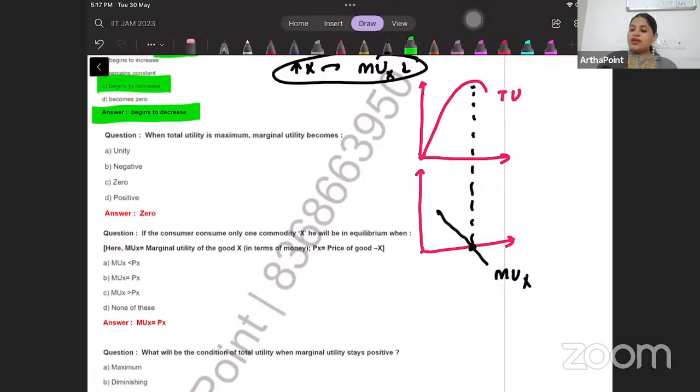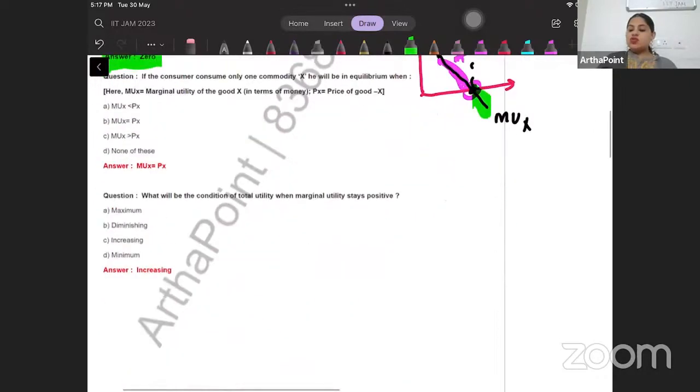When total utility decreases, beta, marginal utility becomes negative. So when total utility decreases, marginal utility is negative. When total utility is increasing, marginal utility is decreasing but positive. So when total utility is maximum, marginal utility is 0. So the answer to this question is 0. Okay, come to the next question.